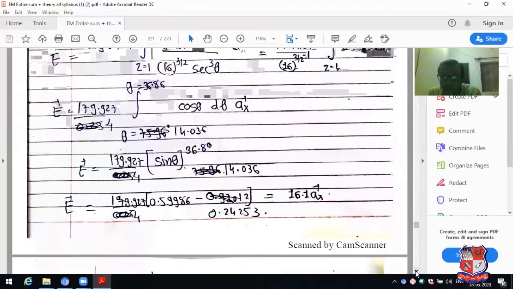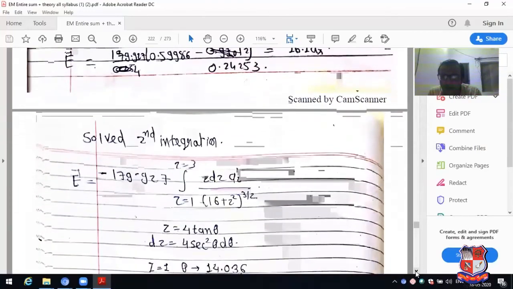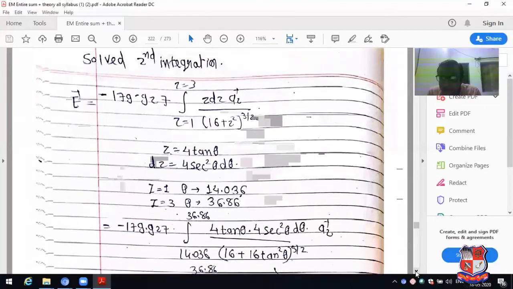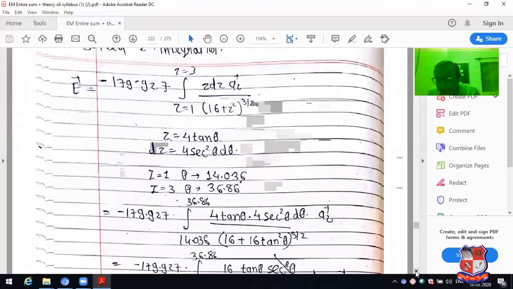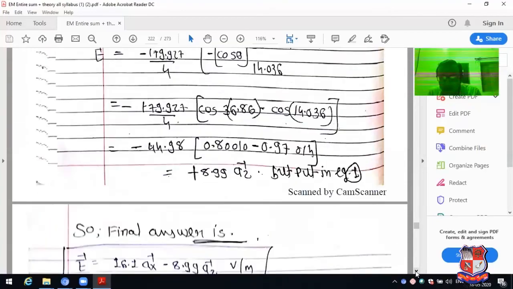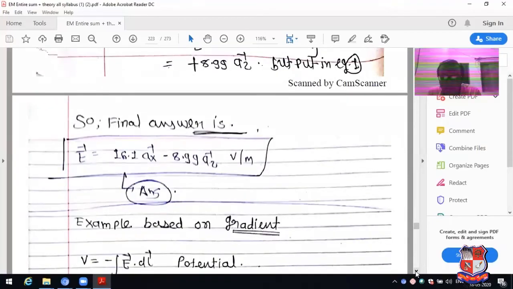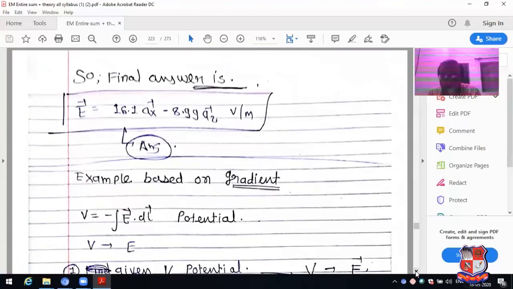So cos theta d theta. Solve the second integration, and then we get the other answer, 88.99. So it is the final answer related to the electric field.